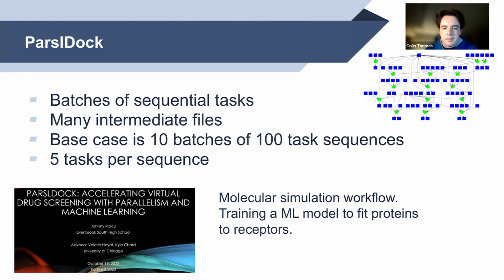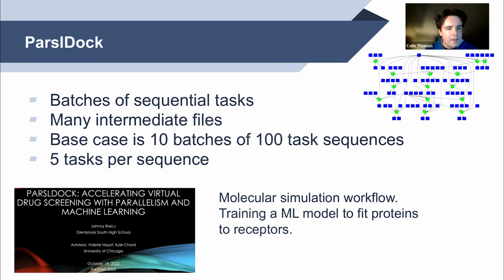And the base case is 10 batches of 100 task sequences, where each sequence has 5 sequentially dependent tasks. It's doing a molecular simulation workflow, training a machine learning model to fit proteins to receptors, or do this process called docking. And I actually saw this application presented at Parsl Fest last year.